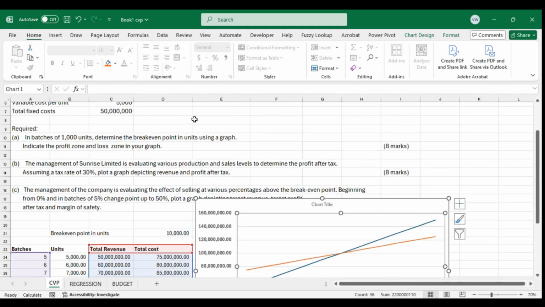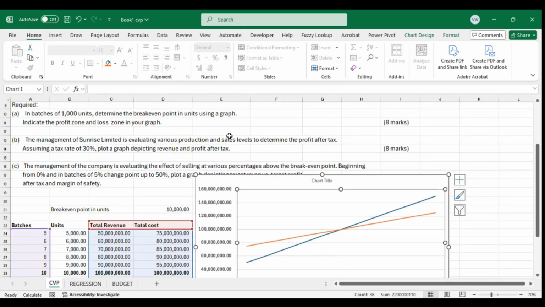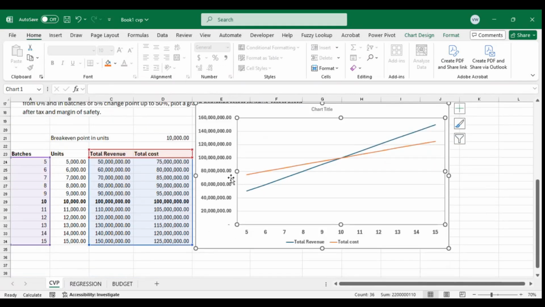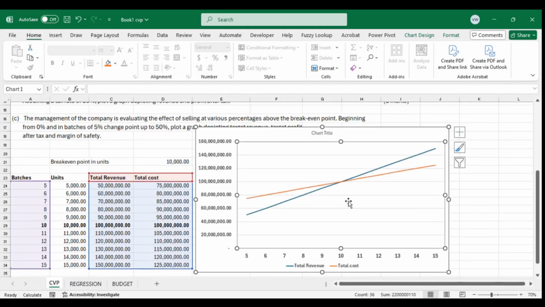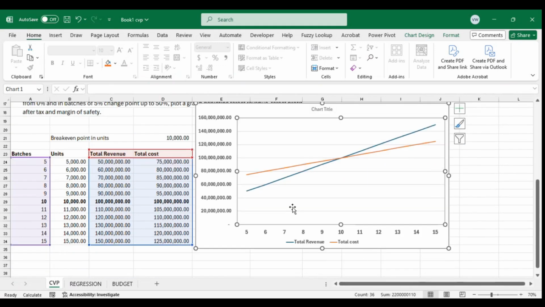remember our question wanted us to determine the break-even point using the graph. And once we've determined the break-even point, we show the profit and loss region. So how do we do that? So this is how we'll determine this break-even point. So we can actually highlight and clearly show.